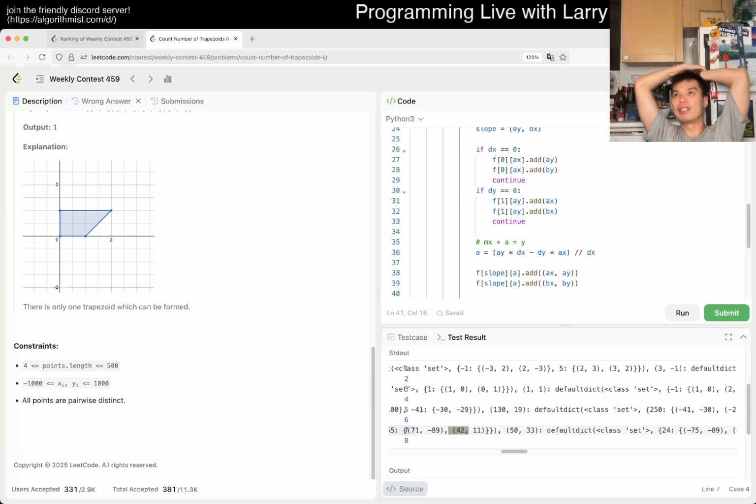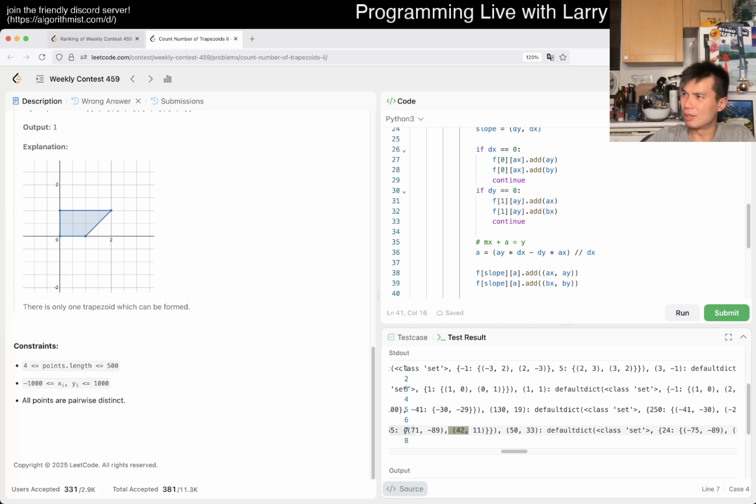So for every 2 points, you get the slope of the line, and then you get the other slope, but it has to intersect. So you could calculate the y. Wow, that's hard though.